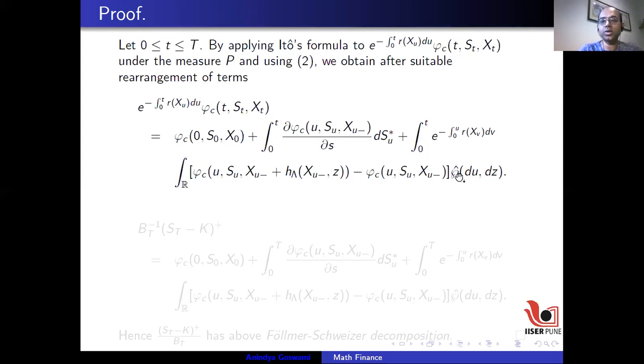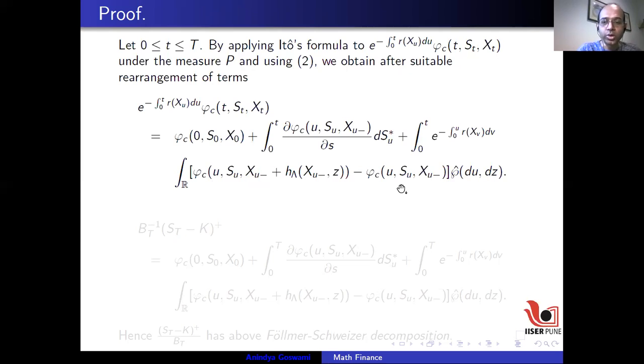P hat is P minus the intensity, where P is the positive random measure and du dz is the intensity, that is the Lebesgue measure. If you subtract the intensity, you get the compensated positive random measure. If you integrate with respect to it, you obtain a martingale because the integrand is bounded.